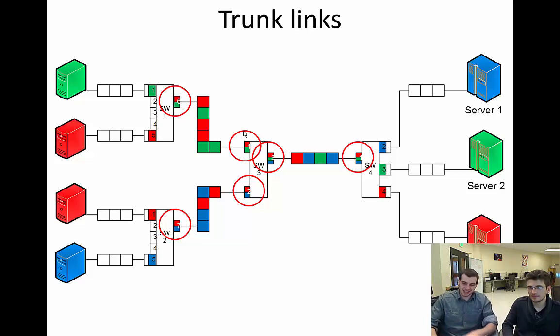He sees your bracelet, he looks on the sheet that says, yep, you're wearing red, you're allowed to pass. You're wearing green, you're allowed to pass. You're wearing blue, you're not allowed to pass. But then, as Dr. Dogli said, on the other switch, on the other end, there's another bouncer who checks you as you're coming in, making sure that you have that color bracelet on. So you have to make sure that you configure both trunks.